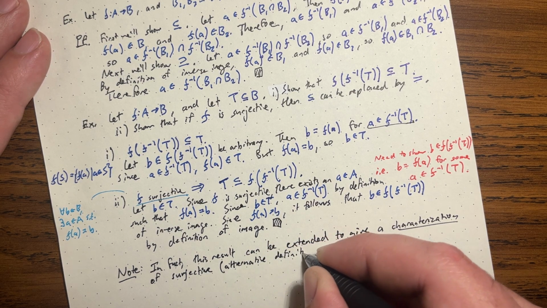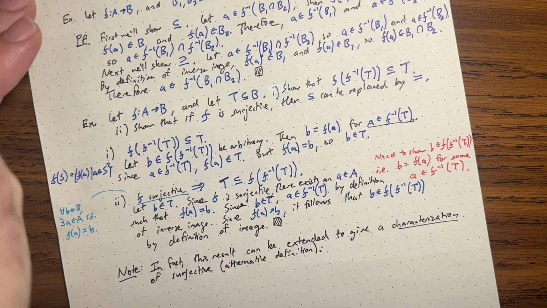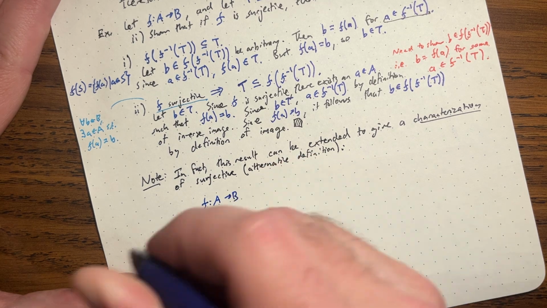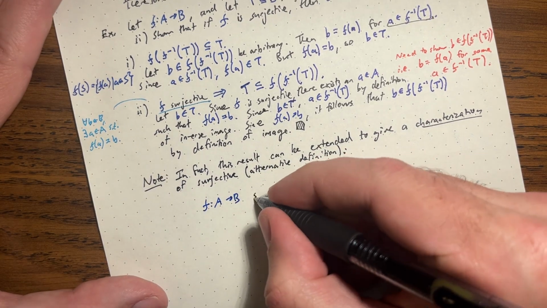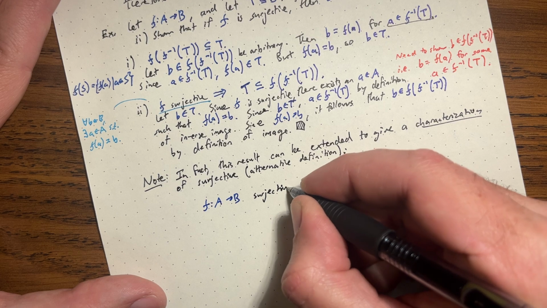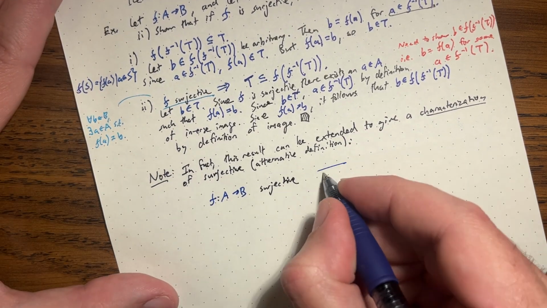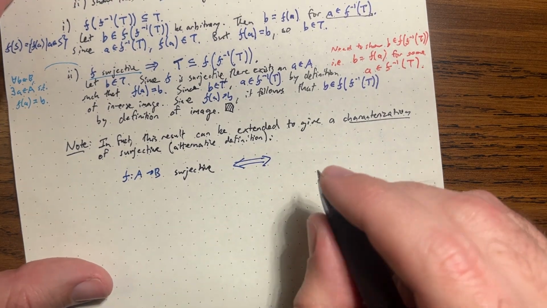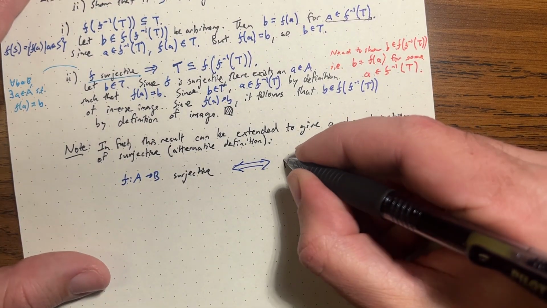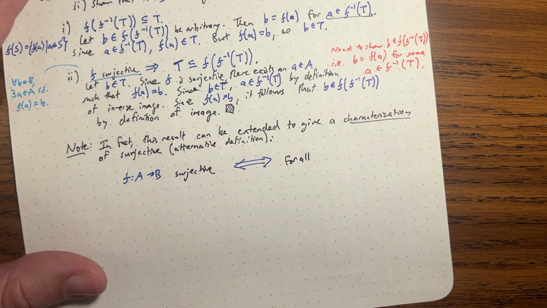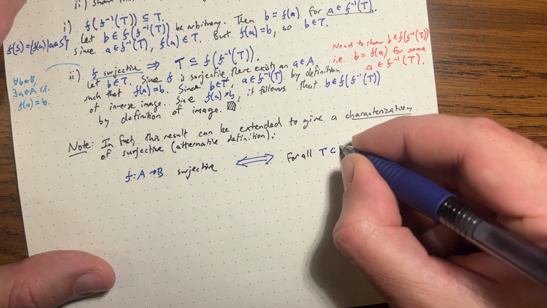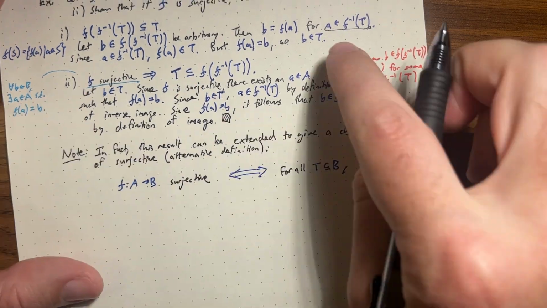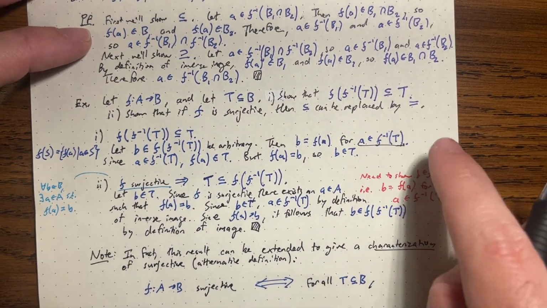Here's what I mean. f is surjective if and only if, double arrow, equivalency here, for all T in B, so that's the extension, you get an equality.